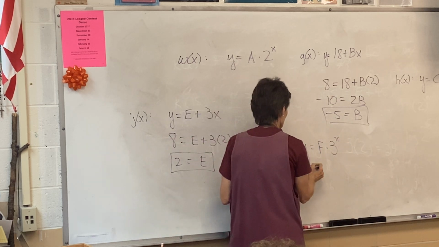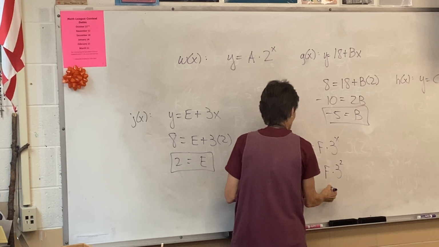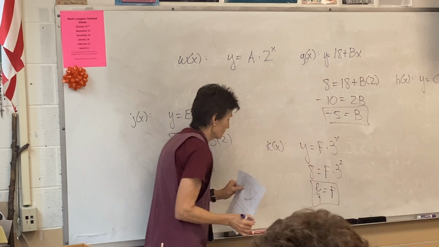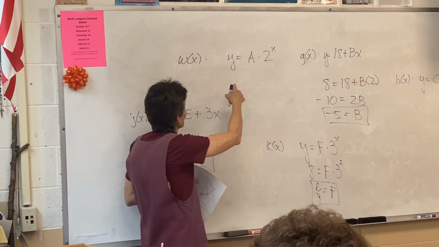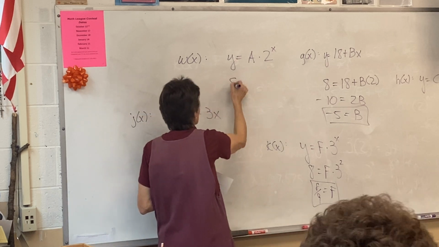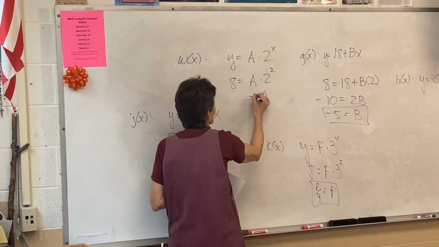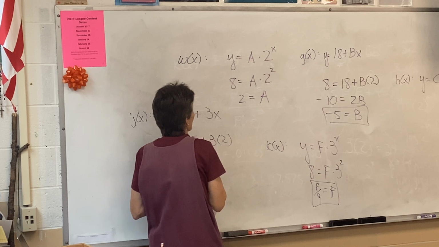I can do that here too. Did you get 8/9 for f? I think I can do that here too. Did you get a to be also 2? Yeah.